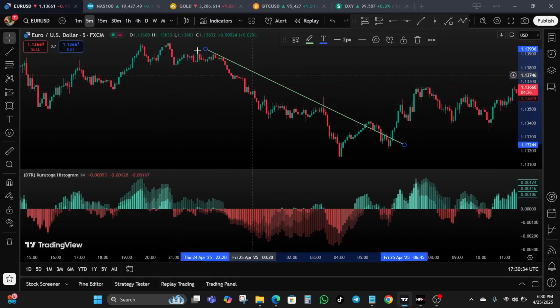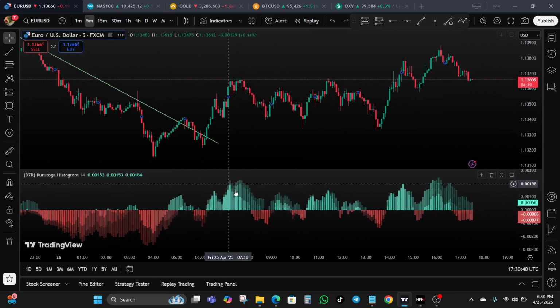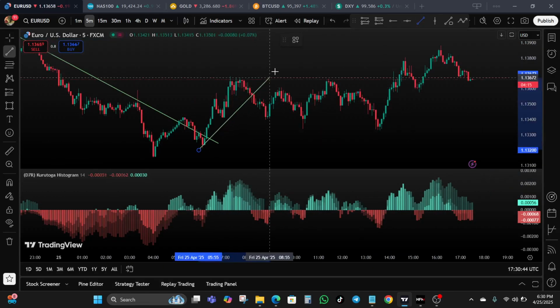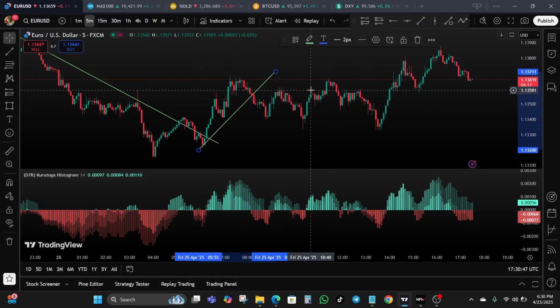It means that bearish momentum is prevailing at the time. Okay. On the other hand, when you notice the green histogram bars, it shows that bullish momentum is prevailing at the time.